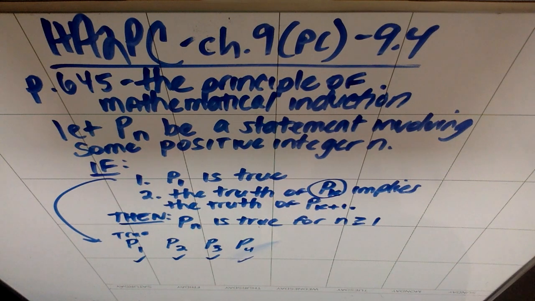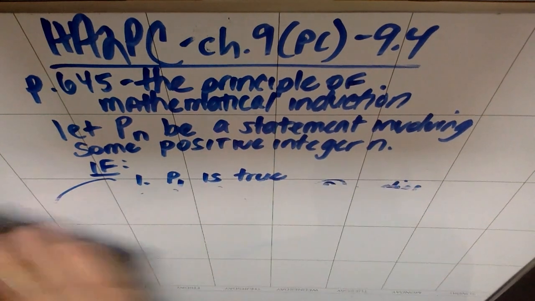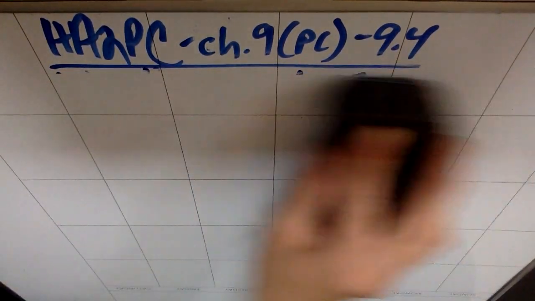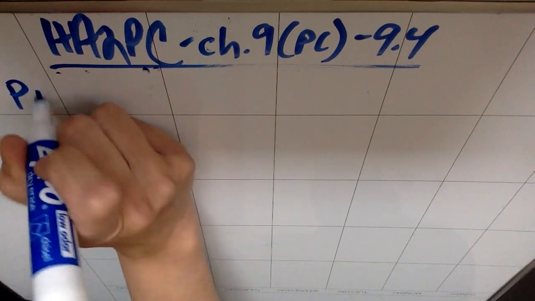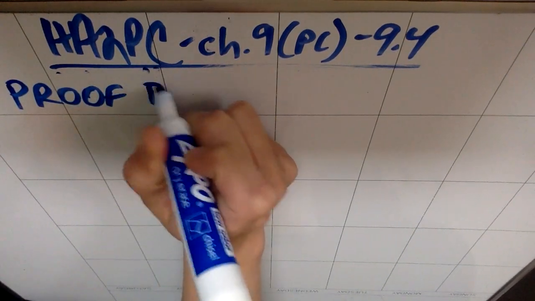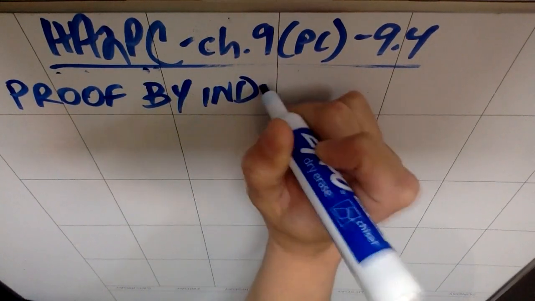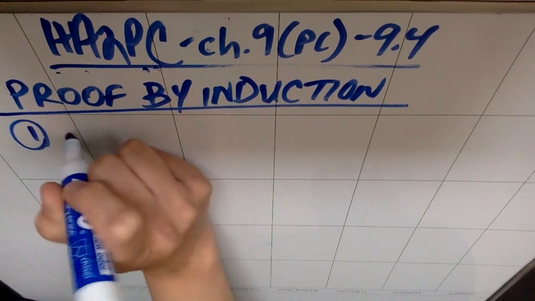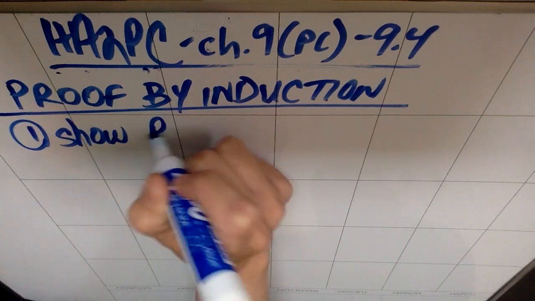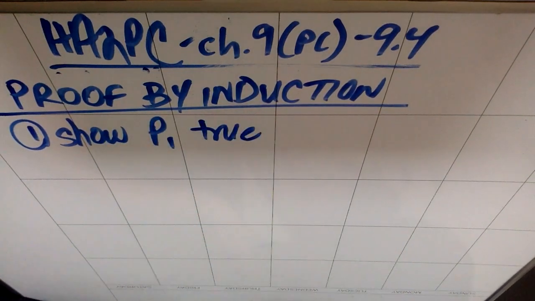So when we do a proof by induction, which is different than any other proofs you've done before, it boils down to a few things. First, we're going to show that P sub 1 is true. In a couple rare instances, they'll say for n values greater than or equal to 3, and then you would show whatever the lowest case is, so P sub 3.